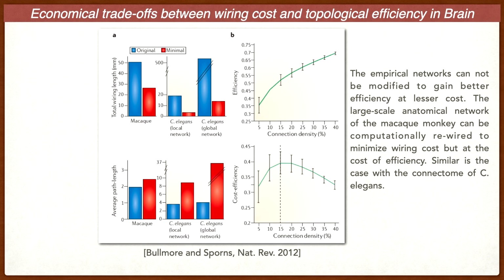For both macaques and C. elegans, it was shown that the brain networks are optimized for the lowest cost and the highest efficiency, and there is no other way to come up with a network with higher efficiency at lower cost than the given network has.